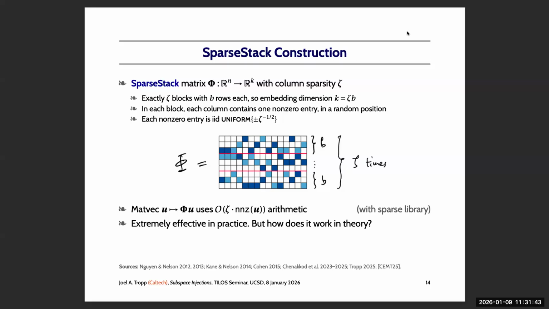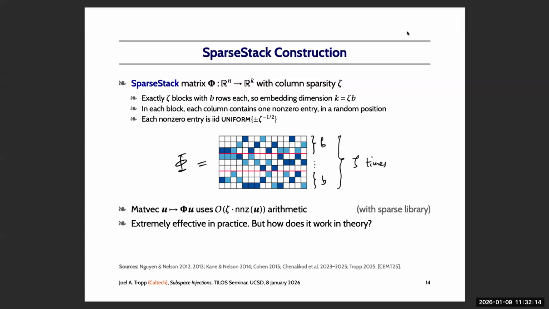In each column, there's one non-zero in this block. Then we do that again in the next block, and again in the next block, and we repeat that zeta times. Because each block has one non-zero, there are a total of zeta non-zeros in each column. The reason it's called a sparse stack is because we have a bunch of sparse matrices stacked on top of each other.